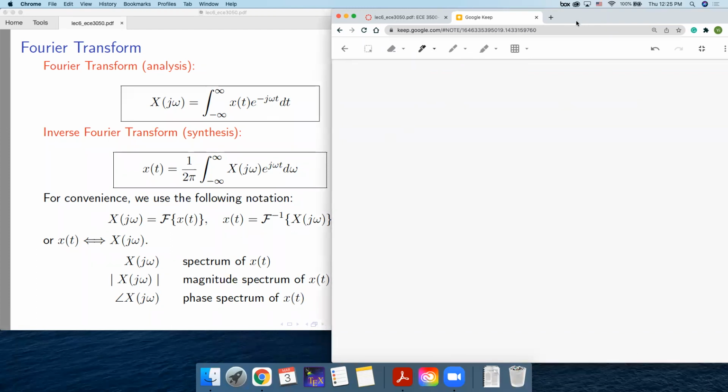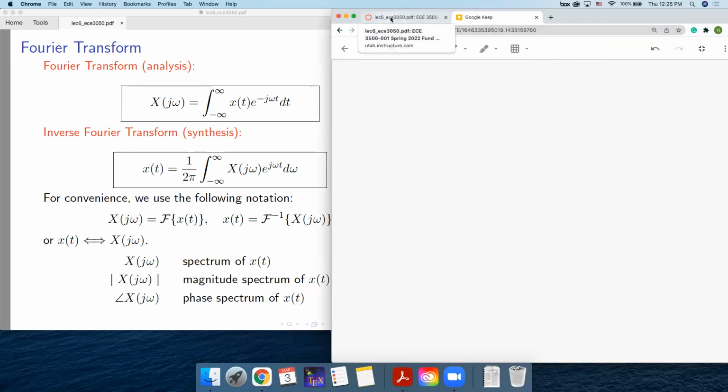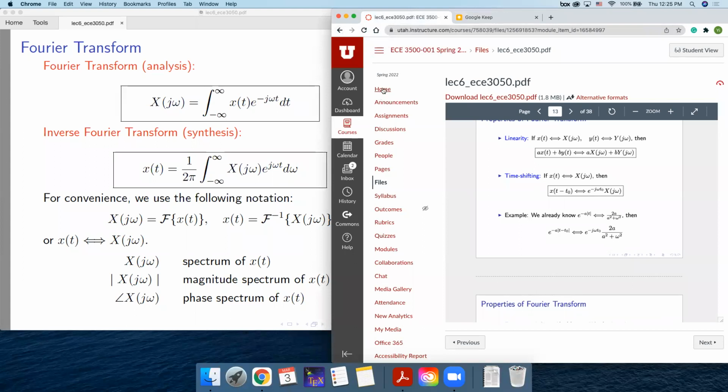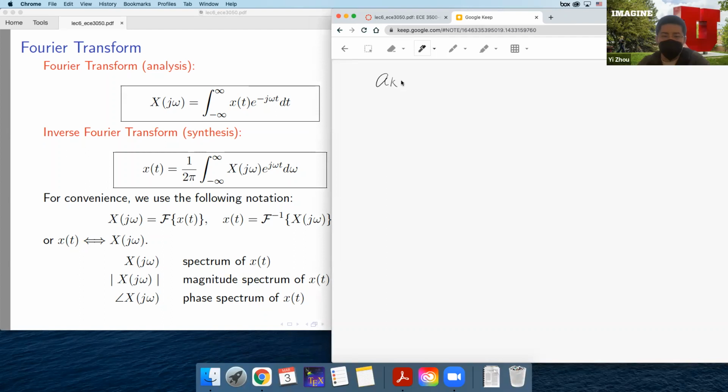Can I ask just a quick question about the homework before we start? Yes, just in the form of the answer for the Fourier series coefficients. Do you care if it's in polar or Cartesian? Okay, a_k, right?